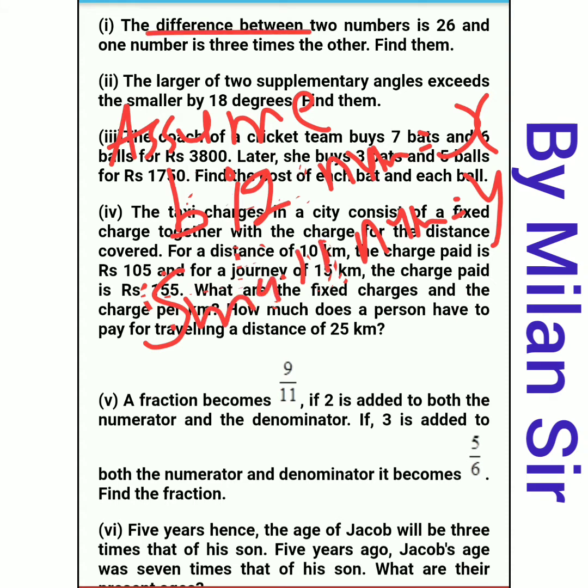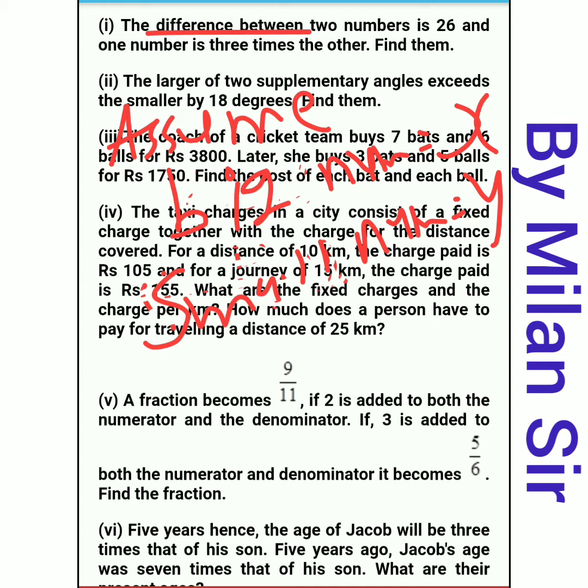Now in the first line it is given that the difference between two numbers is 26. Here our difference is positive, so we need to do big number minus small number, right? Because if we do small number minus big number, then our difference becomes negative.